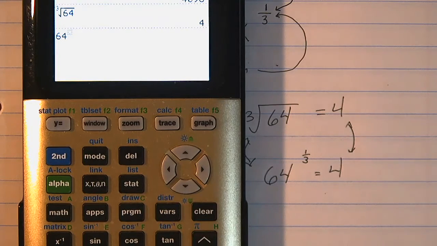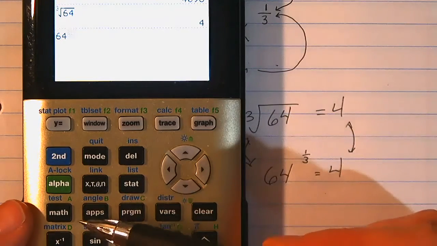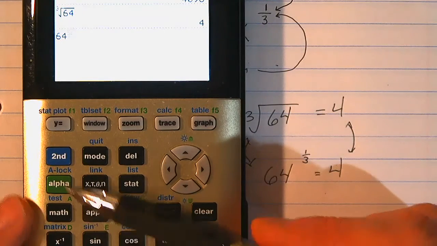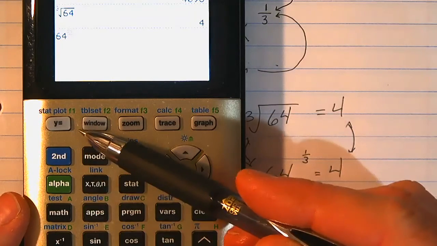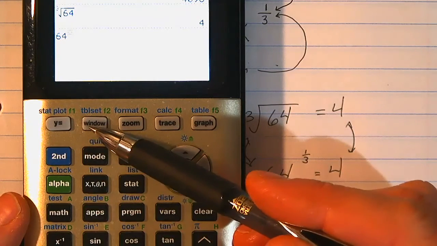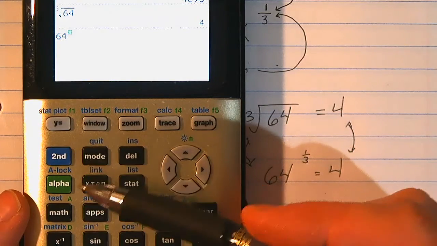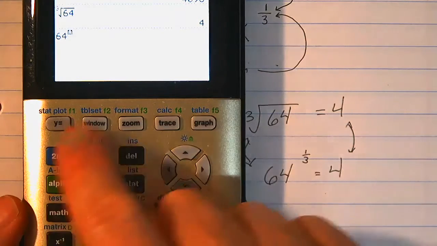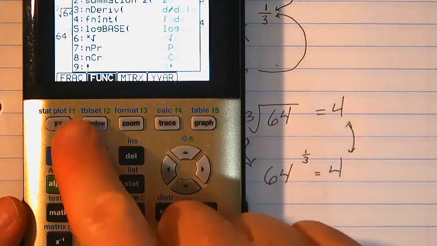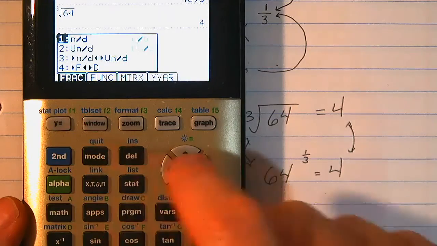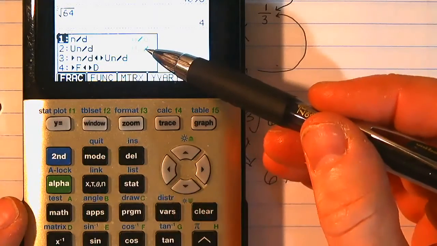Now we haven't talked about fractions before. Fractions are also in the math menu. I'm sorry, that's wrong. Fractions are in one of these menus up here. I think it's actually the F2 menu. So I'm going to push alpha F2. I think that's where they are. Oh no, that's not where they are. Must be alpha F1. There they are. There's my fractions.